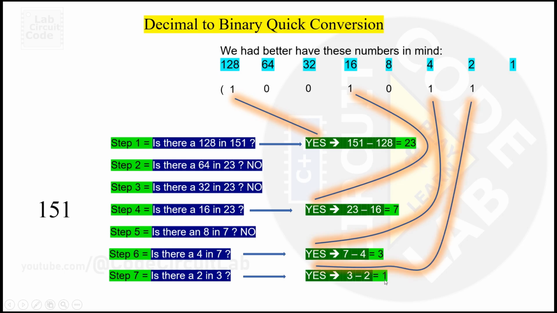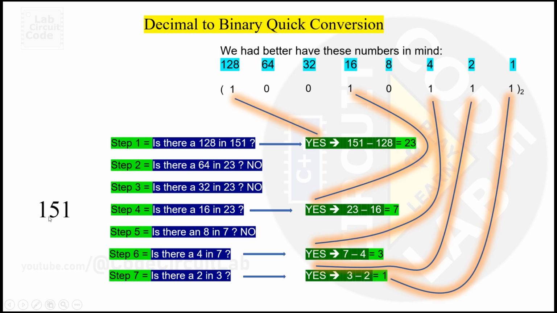All we're left is 1. And we also have a 1 here. If this number was 0, we were going to put a 0 under 1. However, this number is 1 and we put a 1 under 1.